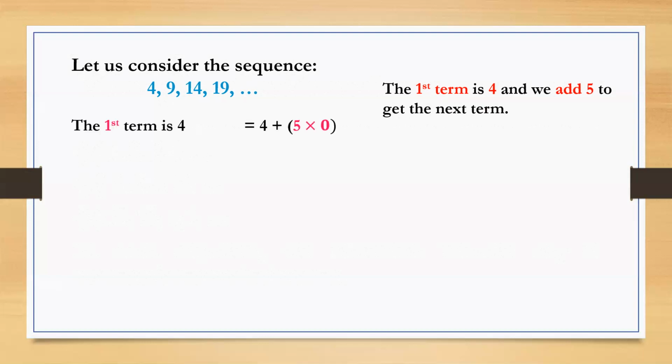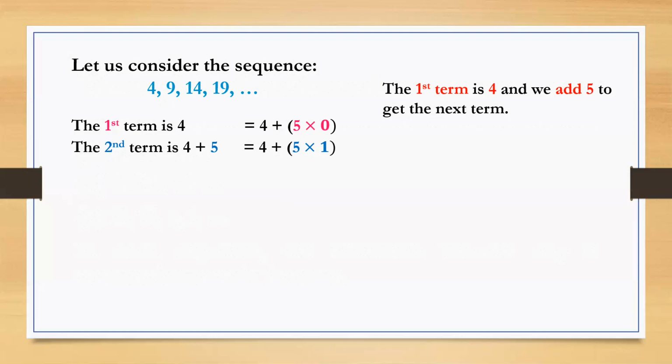Now 4 is also written as 4 plus 5 times 0. Remember, 5 times 0 is 0. The second term is 9, which is written as 4 plus 5, which is also equal to 4 plus 5 times 1.